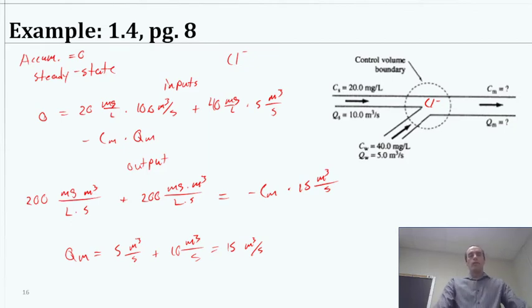So then we have essentially 400 divided by 15, because we have the 400 over here. We'll divide that by 15 cubic meters per second. And the units will cancel, so that'll just end up being milligrams per liter of the chloride.